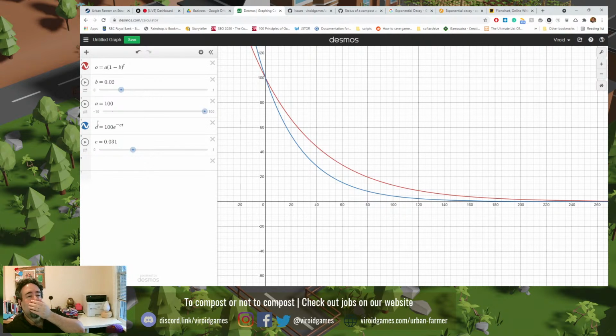That doesn't matter, we come back to the same value. I bet if this is 3% and that is 2%, they are going to overlap.